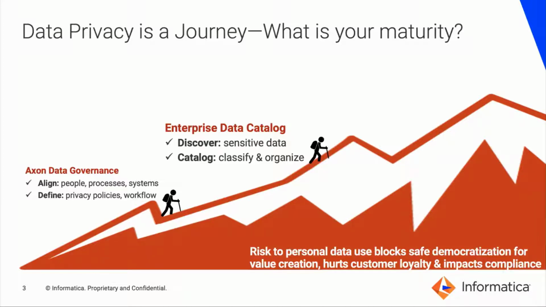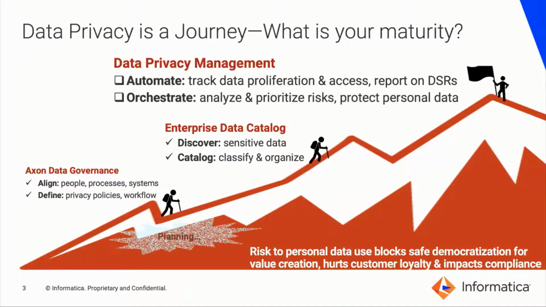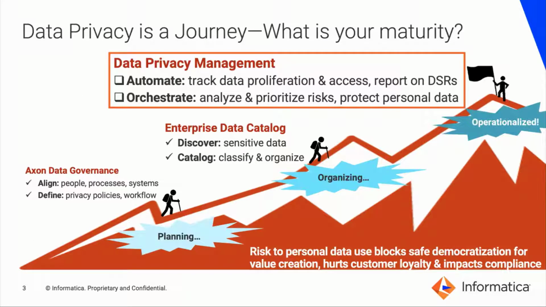Some people have started with EDC, some people have started with Axon. But what we want customers to do is look at the next piece of the journey, that is automating the complete privacy by tracking the proliferation, access, and being able to report on DSR. We have spent enough time on why DSR reporting is important, why it is part of regulations, and how it can be done easily and effectively using DPM.